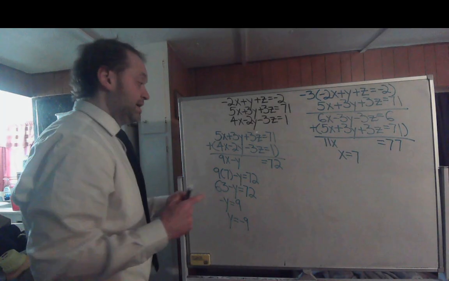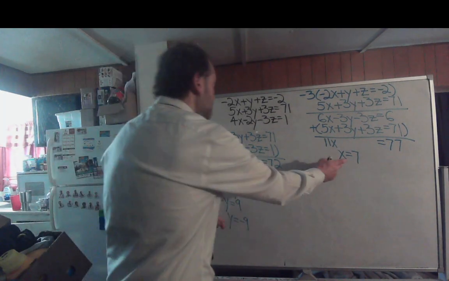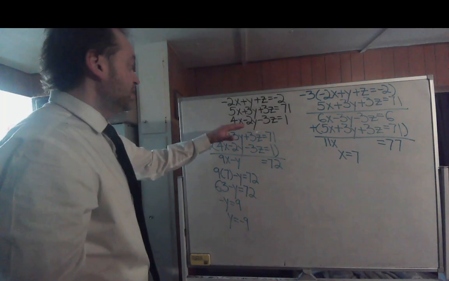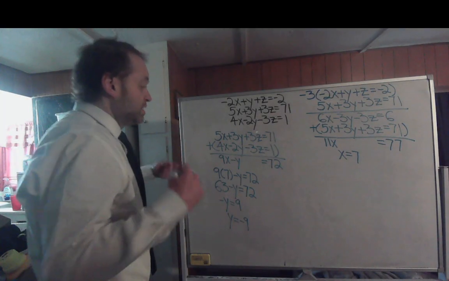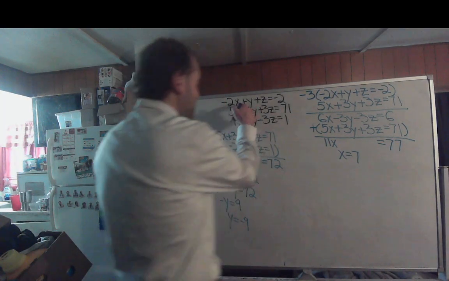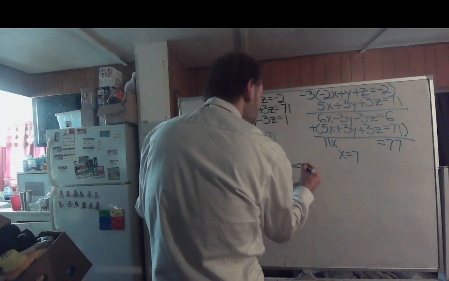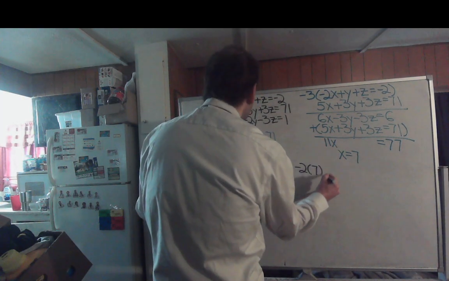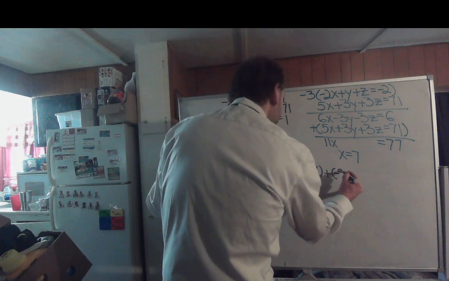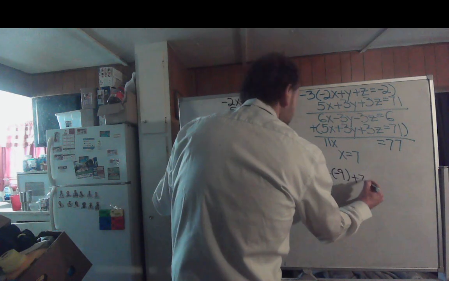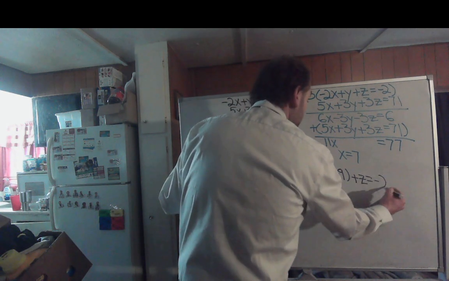Let's go ahead and put these two values into any of these above equations, and we can solve for z. So let's do the top one. We'll take negative 2 times our x value of 7 plus that y value of negative 9 plus z, set that equal to negative 2.